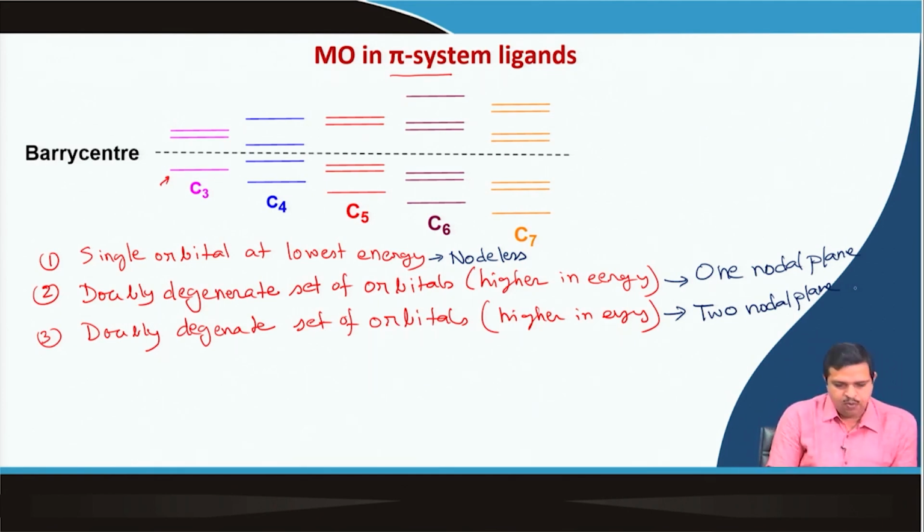Okay, in this way you will construct the further pi molecular orbitals, and you have to continue until the number of molecular orbitals is equal to the number of p orbitals involved in the pi system.